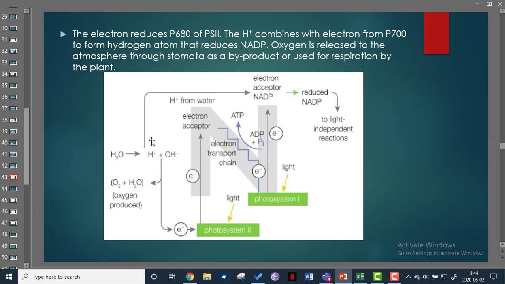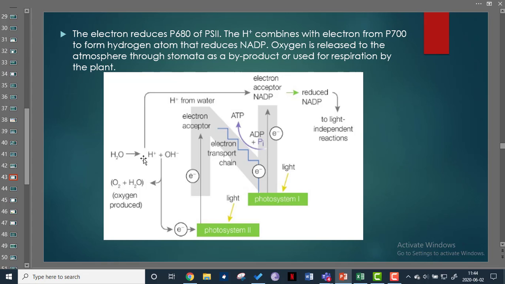Now, these electrons are obtained, you can see from here, from the splitting of water molecules in the process of photolysis. Oxygen is released to the atmosphere, or directly you can say water splits to form oxygen, hydrogen ions, and electrons. This oxygen is used in the process of respiration.